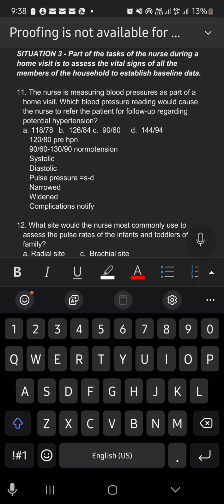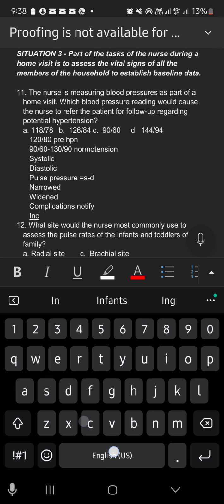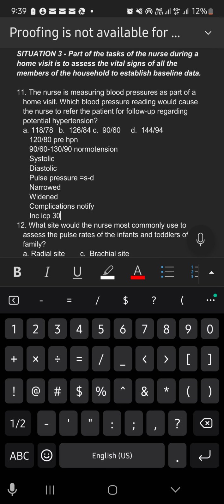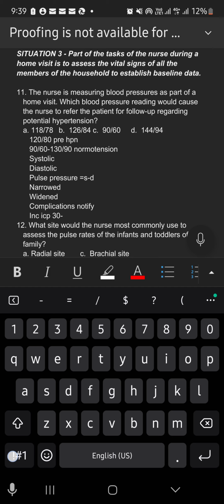In what situation is there a widened pulse pressure? Usually, increased ICP after an injury to the head results in a widened pulse pressure. So for instance, the BP is 180/90. So let's have the normal first. 30 to 50 is a normal pulse pressure.